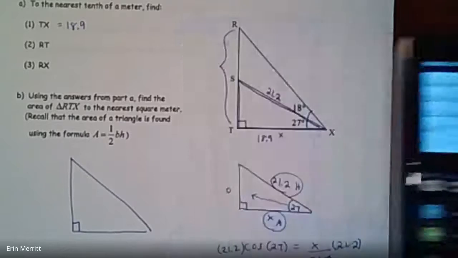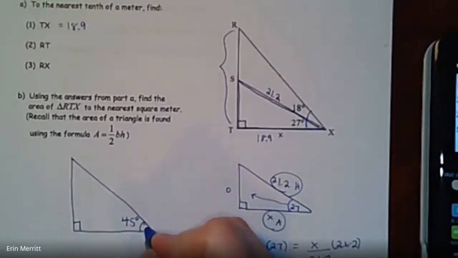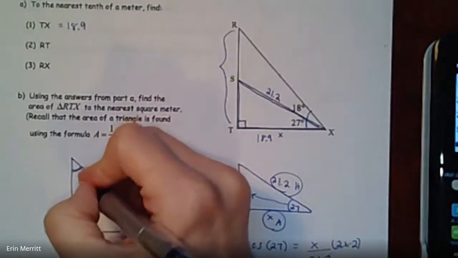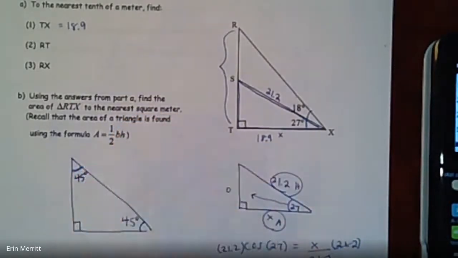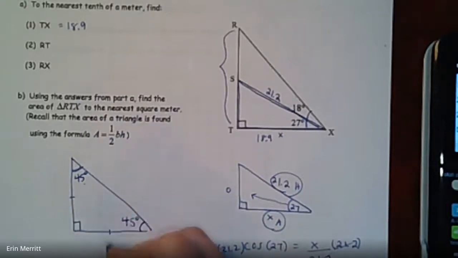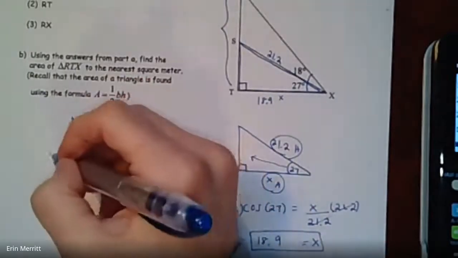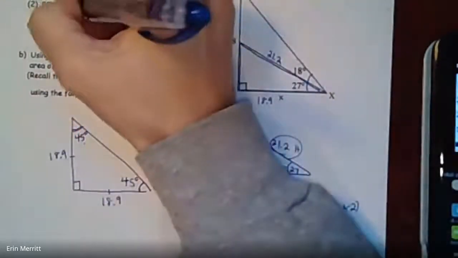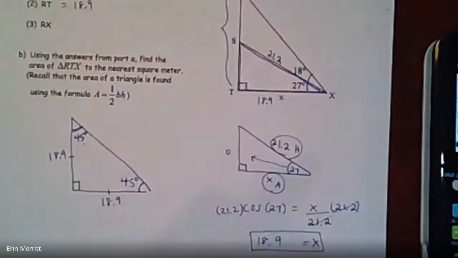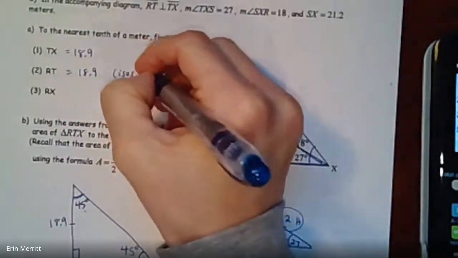That's a 45-degree angle. Ooh, all right, something should be coming to mind. We've talked about 45-45-90s. I don't really need that detail just yet, but if those two angles are equal, these two sides are equal. So if this was 18.9 right here, this is 18.9. Done. If you want to write yourself a little note, because it's isosceles, go ahead.